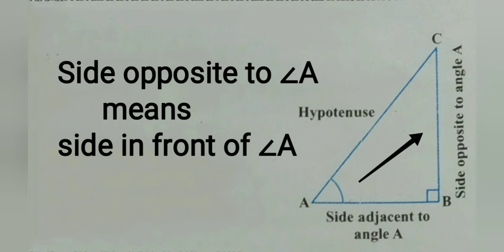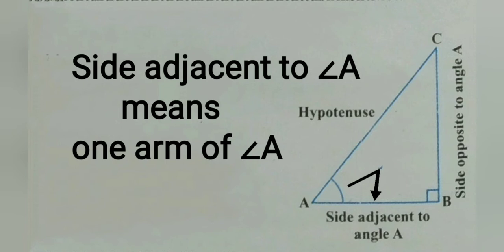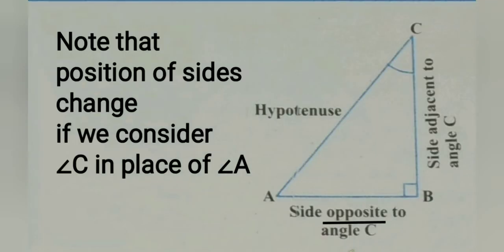Of the remaining two sides, side opposite to angle A means the side in front of angle A. Side adjacent to angle A means one arm of angle A. Note that position of sides change if we consider angle C in place of angle A. Now side opposite to angle C is AB, which is also the side adjacent to angle A.